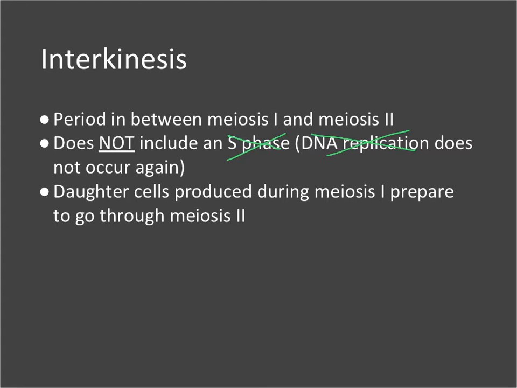So it's really important to note that during interkinesis, we do not have DNA replication, but we do have a lot of growth happening. The cell is gathering energy reserves, things like nutrients and oxygen to make ATP, because cell division is a really energy consuming process.